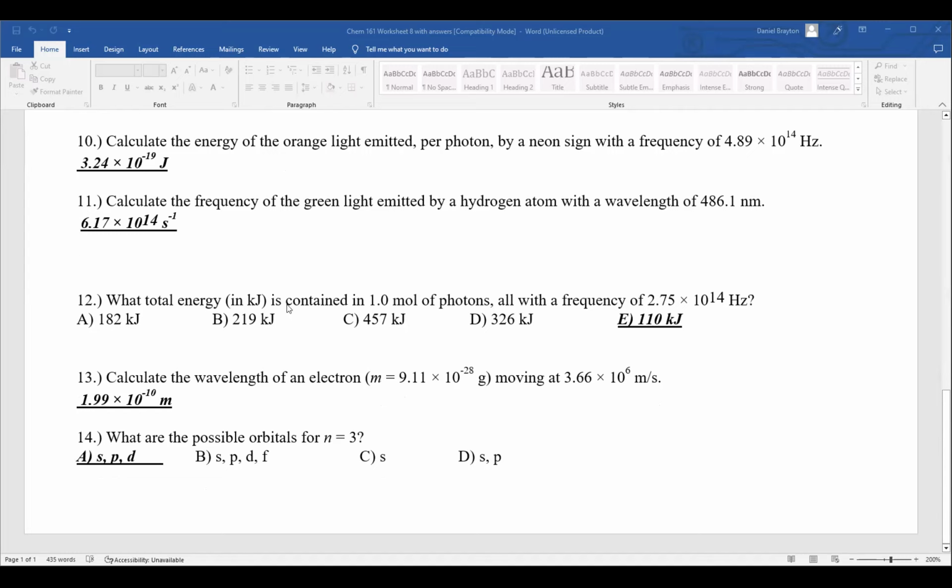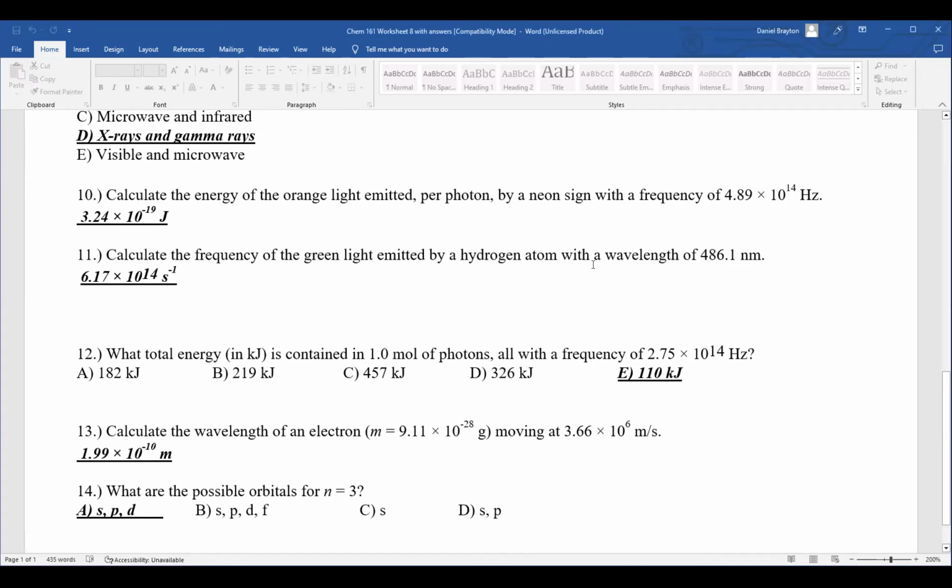What total energy is contained in 1 mole of photons, all with a frequency of 2.7? This uses the same principle as above. Up here, number 10, this is calculating just 1 photon, and then you would multiply it by Avogadro's number.